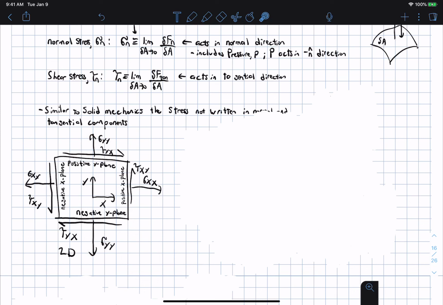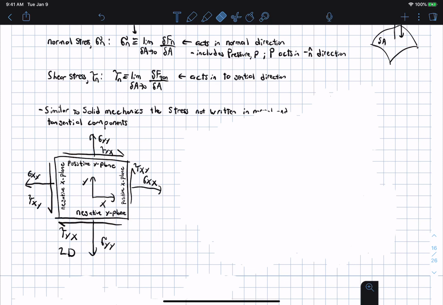So you can have a tensile viscous stress in the normal direction, but pressure, again, always pushes in. And so you have sigma xx, and then you also have shear stresses that are basically trying to rotate the sides of this square. So you have tau xy, tau yx, tau xy going down, and tau yx here.